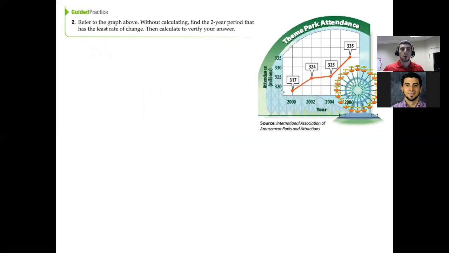All right, so which 2-year period had the least rate of change? Now just looking at the graph, that's gonna be the portion of the graph that goes up the least amount. So right here.